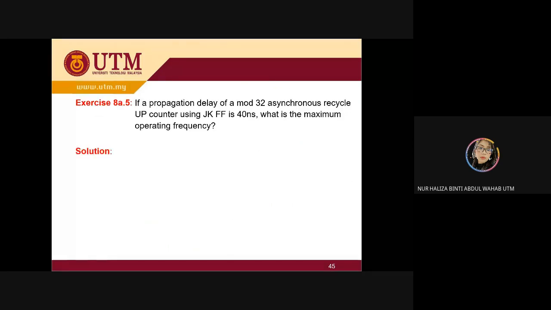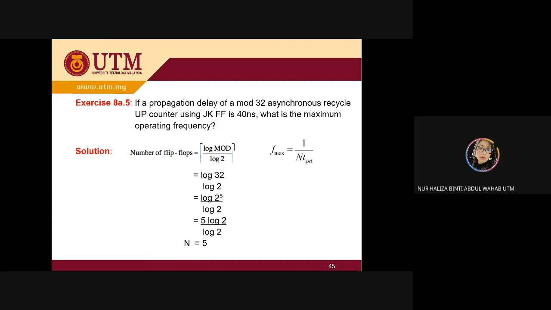Okay, next, one more thing I asked you to remember yesterday. There are two equations. This is the first equation and also another equation I asked you to remember. If you were given a direct question like this, where you were given the value of mode, you just apply this value here. You will get the number of flip-flops, which is this big N here.